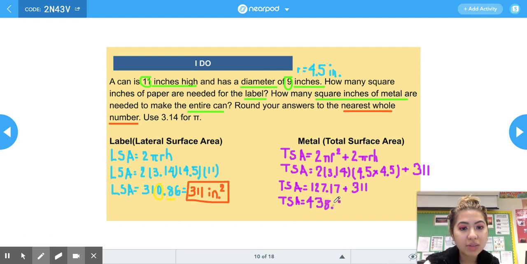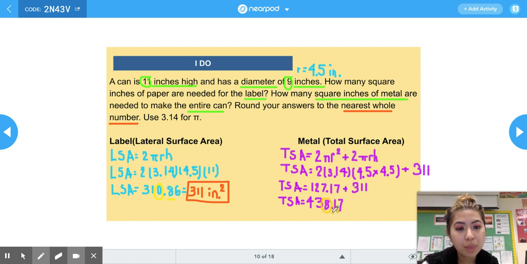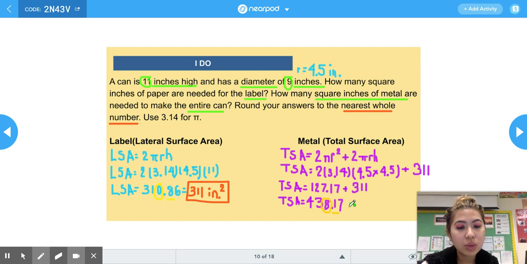And we still have to round to the nearest whole number. So again, I'm going to circle our number in the ones place, which is 8, underline our number to the right of that, which is 1. So 4 or less, we let the 8 rest. So our answer is going to be 438 inches squared.